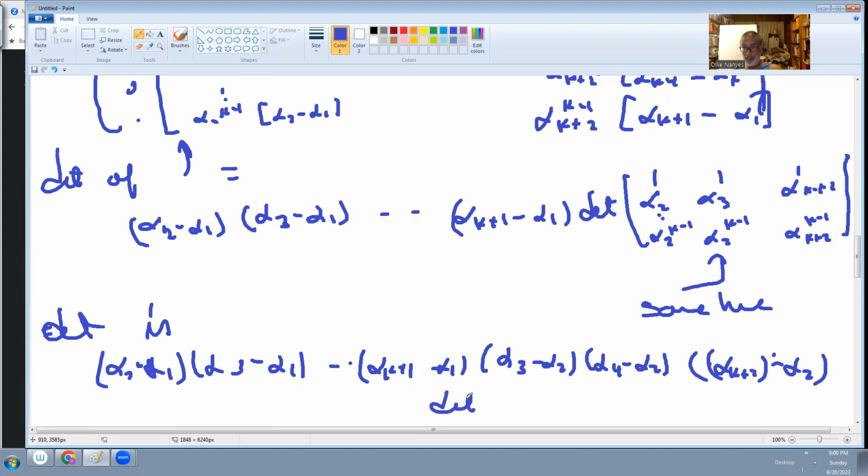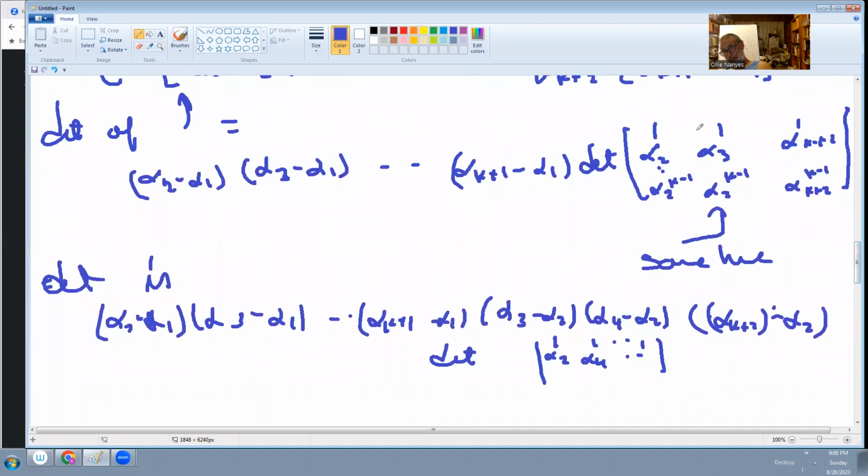times the determinant of the next minor. And the next minor is going to have a bunch of ones, etc. But now this is going to be alpha 3, alpha 4, etc. And this gets reduced.